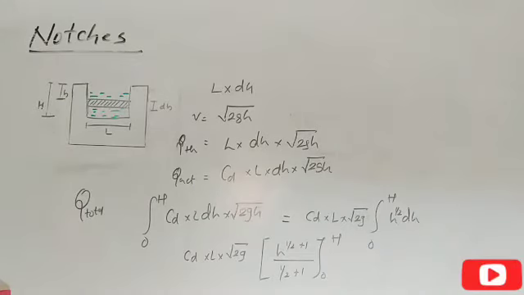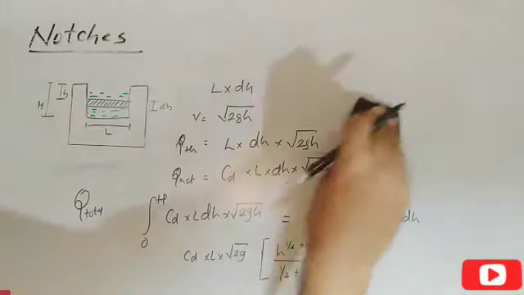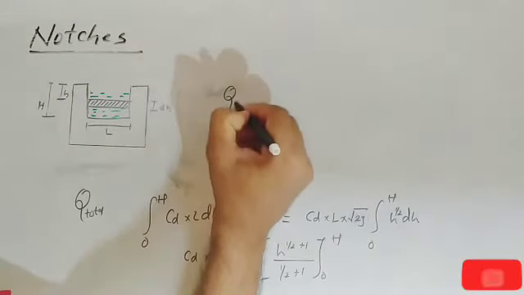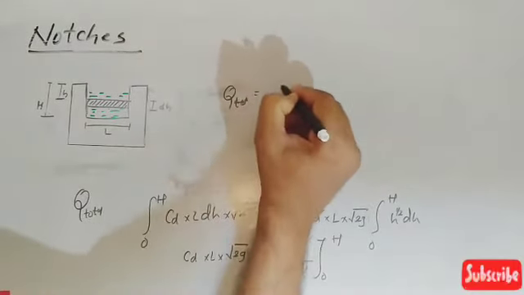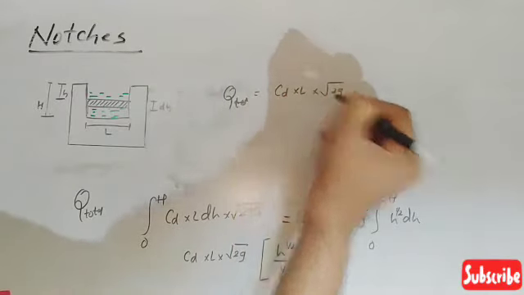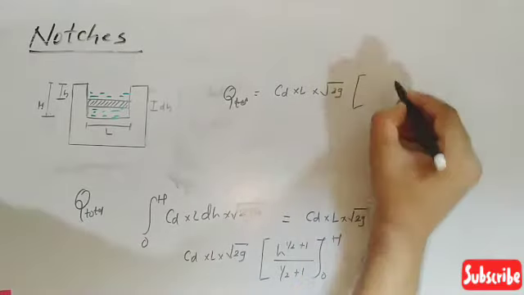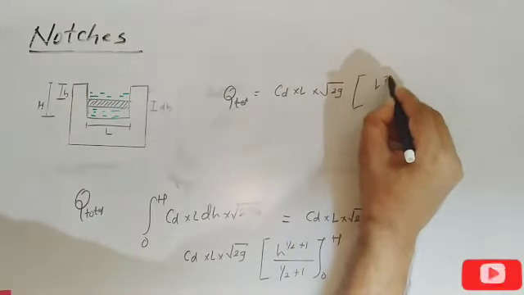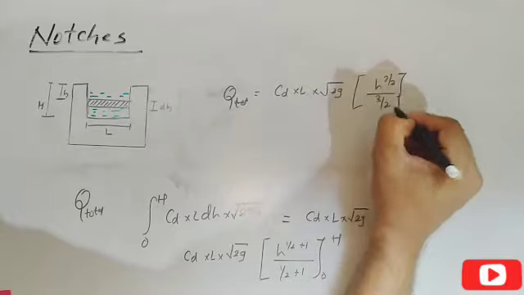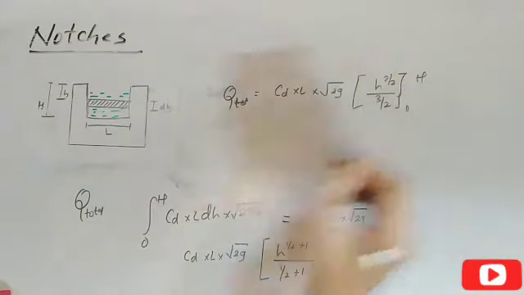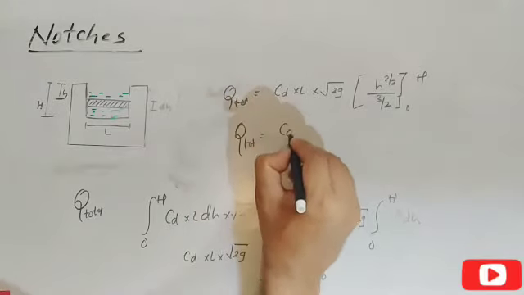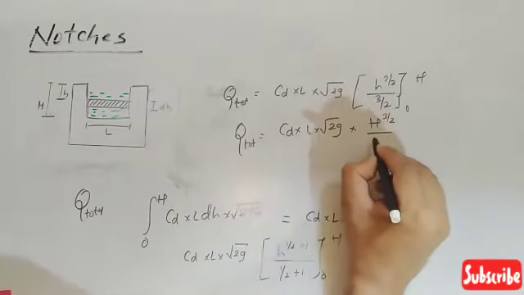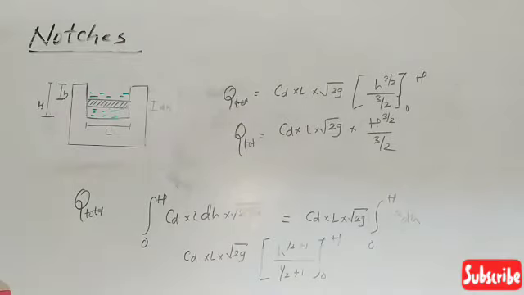Substituting the h value, Q actual or Q total will be equal to CD into L into root 2g into h to the power 3 by 2 divided by 3 by 2, from 0 to h. This is our final.